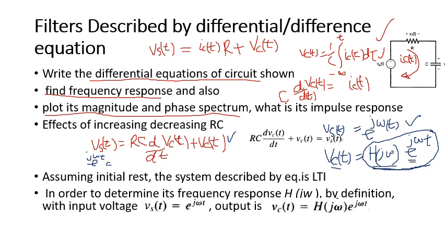What is the derivative of e power j omega t with respect to time? It will be equal to j omega, right?